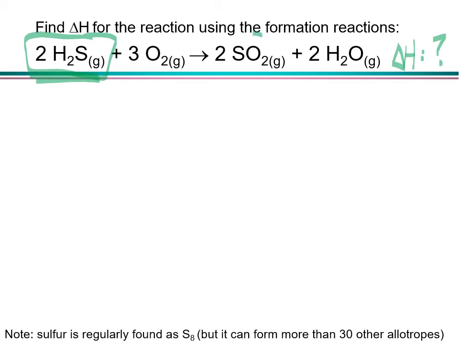And then we can look up the formation equation for this compound and for that compound. Essentially, we're writing our own given equations that we can then sum up to find the delta H of the target reaction.